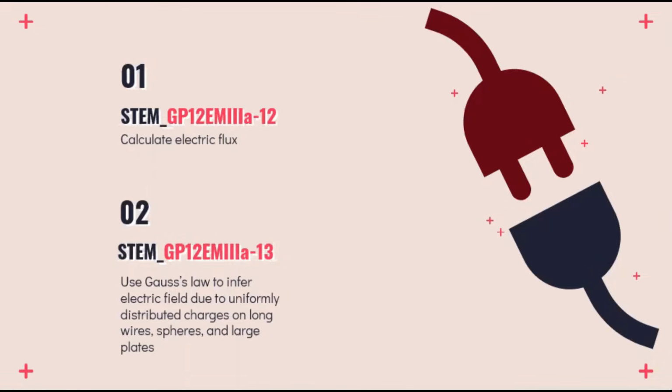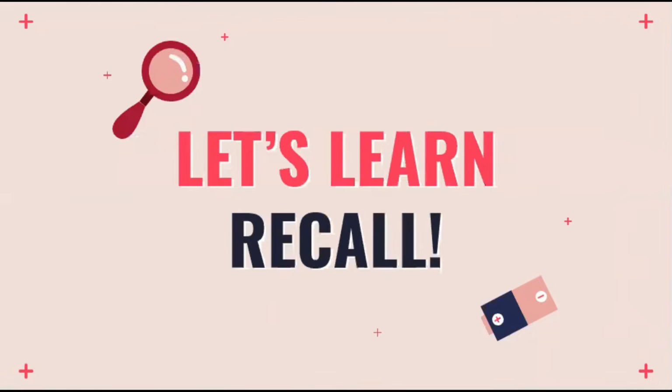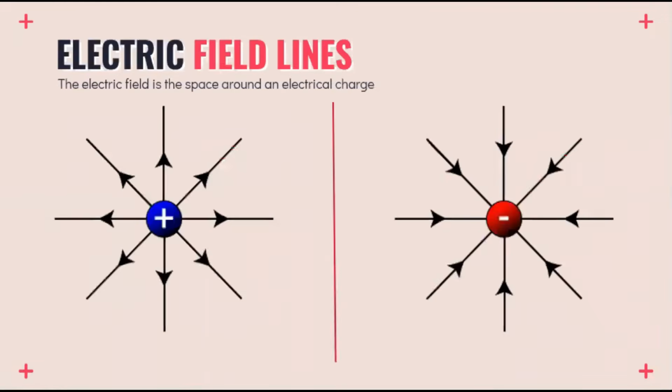Okay, but before we proceed with our main topic, let us recall what we have learned in our previous discussion. Regarding electric field lines, as we know, electric field is the space around an electric charge. So electric field lines may differ depending on what our point charge is.